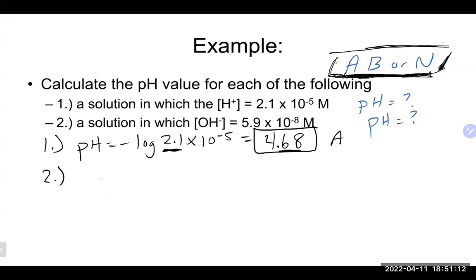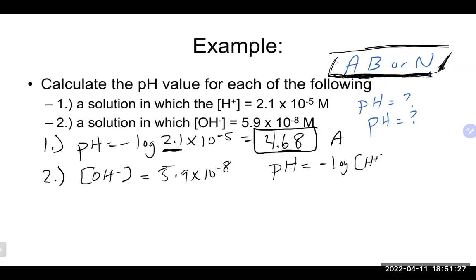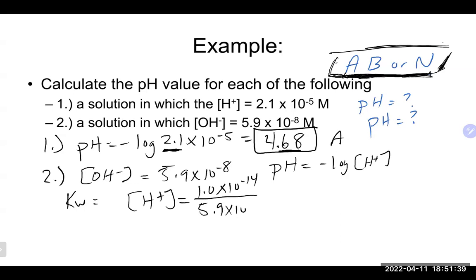Number 2 gave us not the H plus, but gave us the OH minus concentration, which means really to calculate the pH directly, you do need the H plus concentration. So one approach here would be to use KW. So if we use KW, that means our H plus concentration would equal 1 times 10 to the minus 14 divided by 5.9 times 10 to the minus 8.